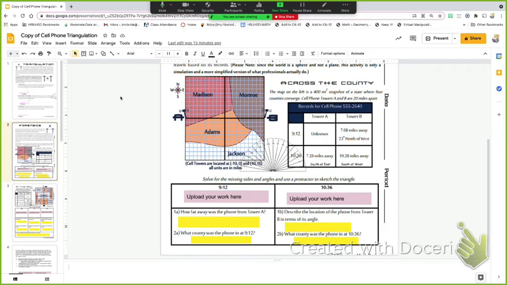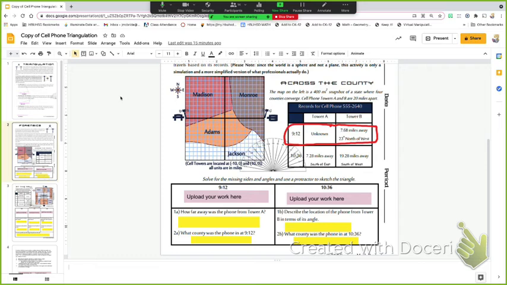Okay? And we've got to place this cell phone at 2 different times. It pinged the towers at 9:12, and it pinged the towers again at 10:36. So we're going to focus on the 9:12 right now. What happens at 10:36 has nothing to do with 9:12.